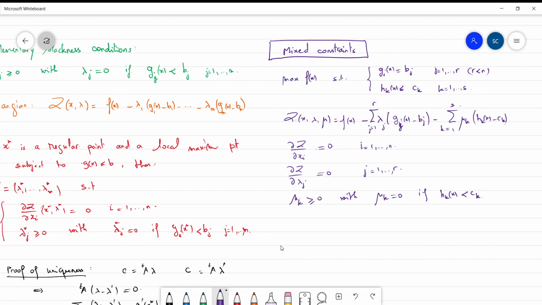Okay, this is how we solve. Of course it is justified, but this is how it goes.